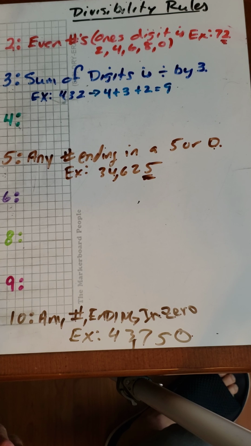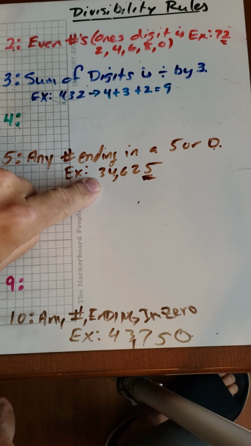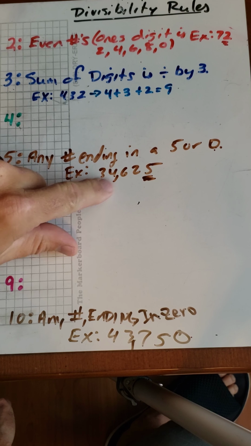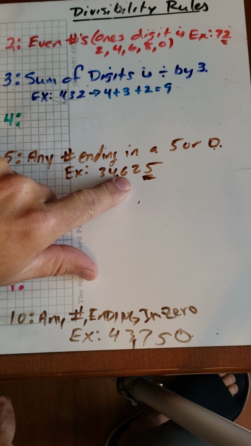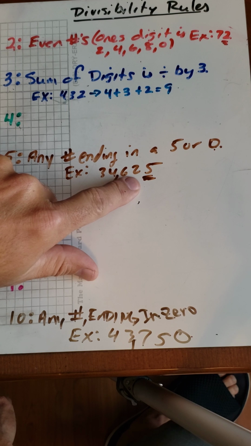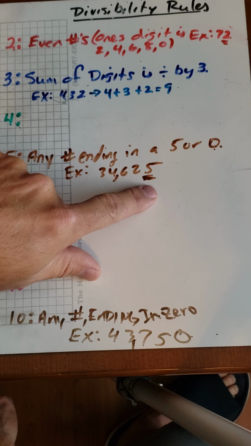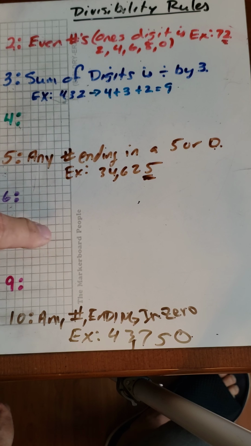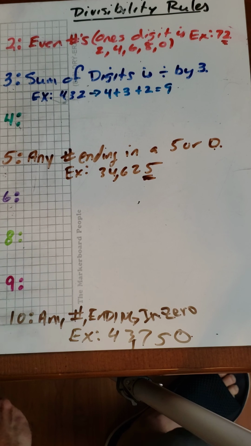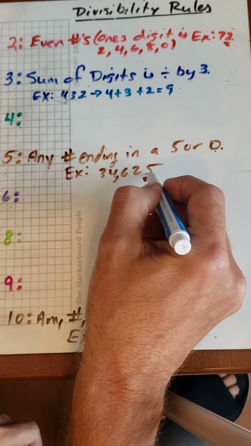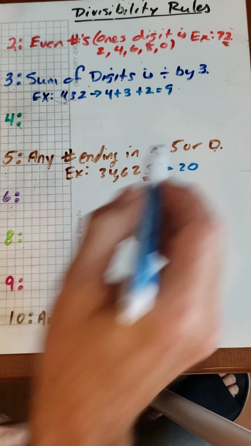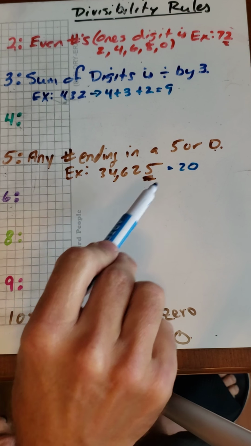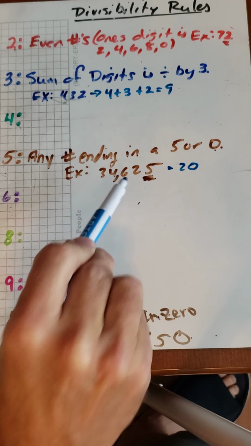Let me look at this one real quick. 3 plus 4 is 7, plus 6 is 13, plus 2 is 15, plus 5 is 20. 20 is not divisible by 3, therefore 34,625 is not divisible by 3.